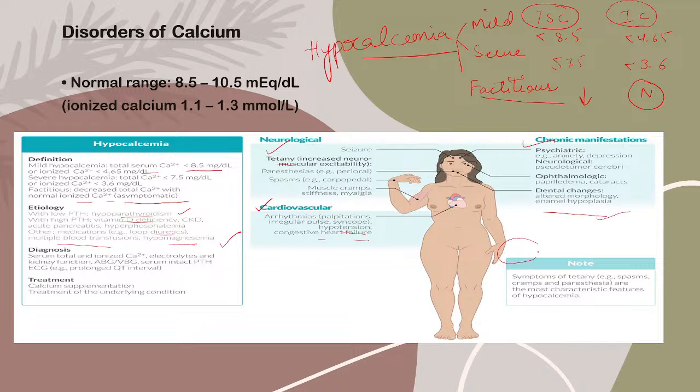And this is an important point: symptoms of tetany like spasm, cramps and paresthesia are the most characteristic feature of hypocalcemia.